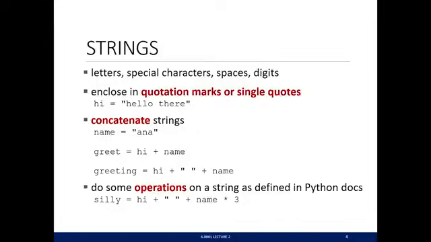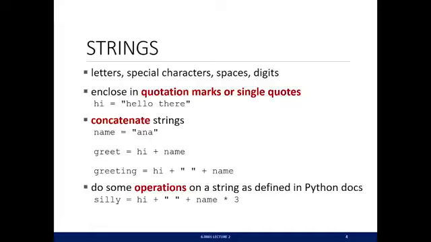And these characters can be anything. They could be letters, digits, special characters, and also spaces. You tell Python that you're talking about a string object by enclosing it in quotation marks. So in this case, I'm creating an object whose value is HELLO space THERE. Python knows it's a string object because we're enclosing it in quotations.